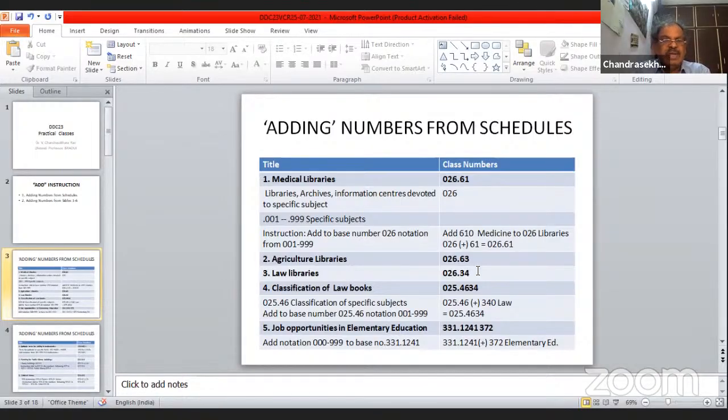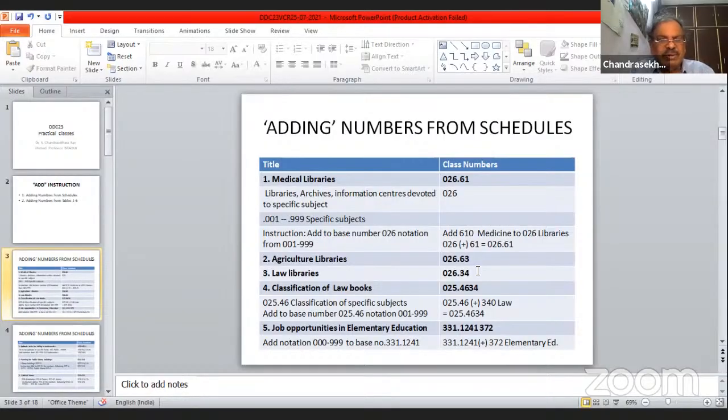If you go further in the schedules for job opportunities, there is an instruction: add notation 002 to 999. Actually not 0001, but 002 to 999, because if we add any triple zeros, there is no meaning.